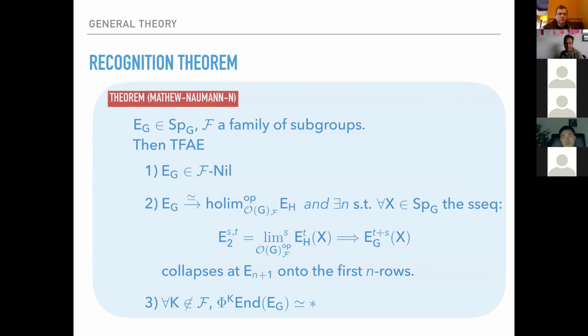So in those cases, you can sometimes use the spectral sequences to check nilpotence. So if you know it's nilpotent for a bigger family, you want to see if you can get down smaller, you can check whether or not these Euler classes are nilpotent via the spectral sequence. Showing that things are F nilpotent lets you do things like tensoring with an arbitrary spectrum and taking retracts.